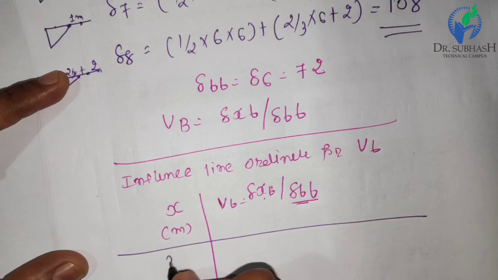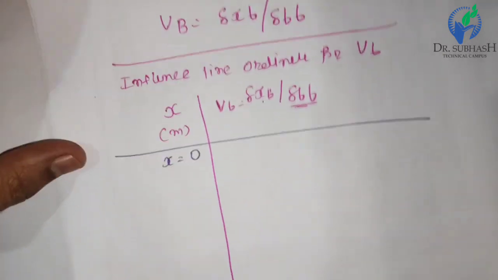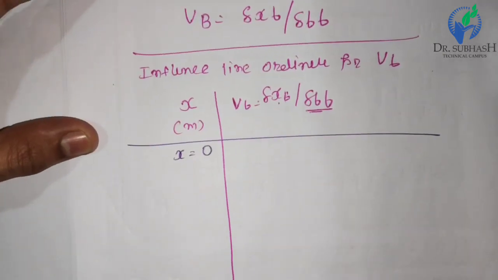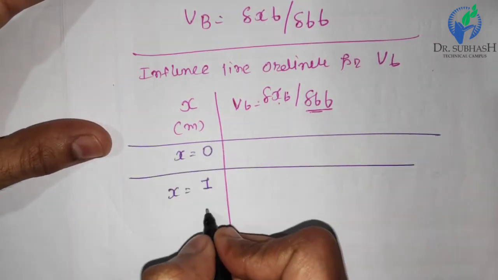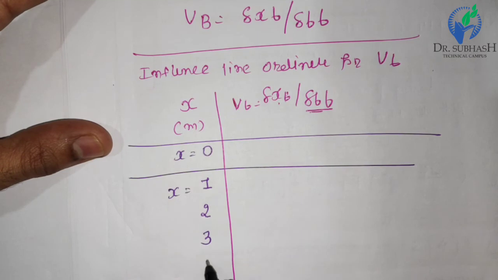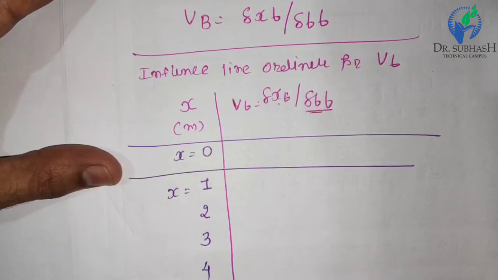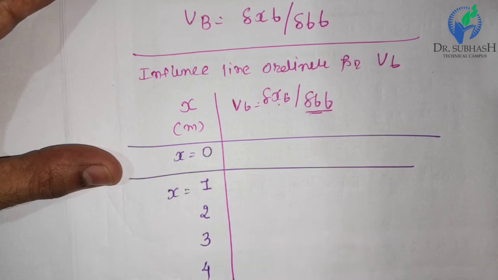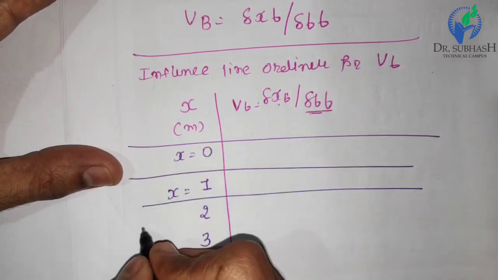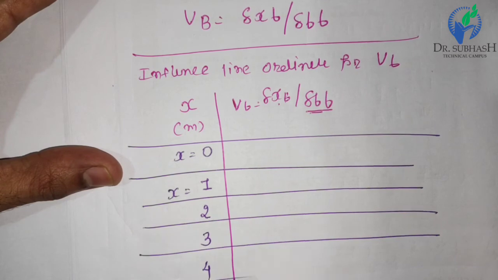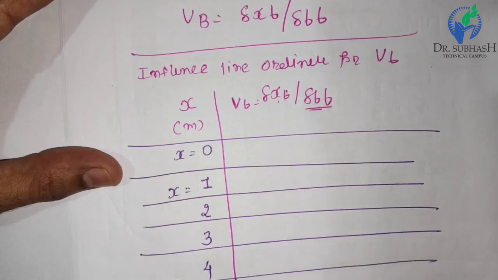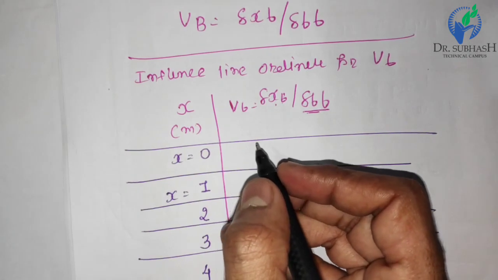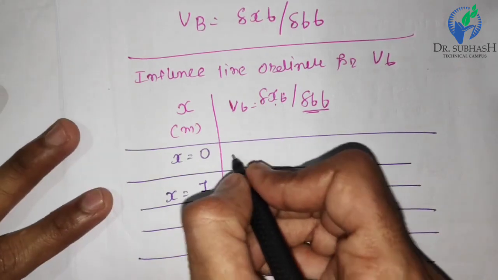So total X is equal to 0, then X is equal to 1, 2, 3, 4, 5, 6, 7 and 8. So you have to take this 8 part of our total beam.